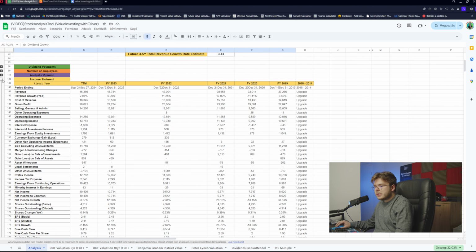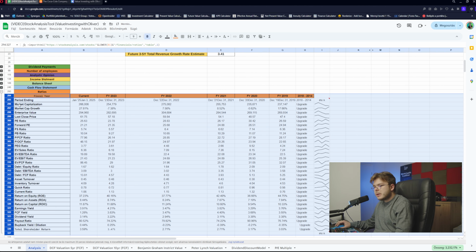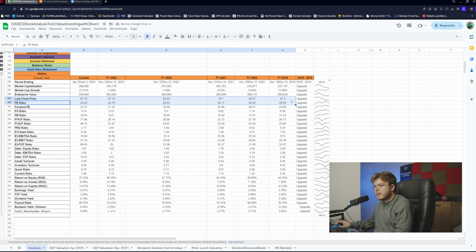Before we go there, let's just see their historical price to earnings ratio. There's a difference when you are analyzing a company's price versus when you want to determine their actual value. When we are looking at the price, we could be comparing it to Pepsi, for example, or other competitors.